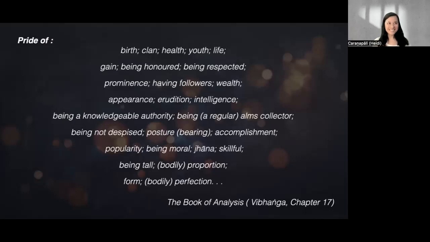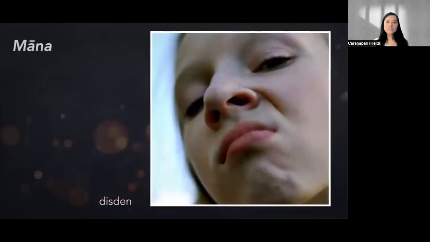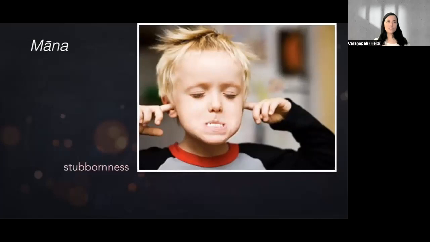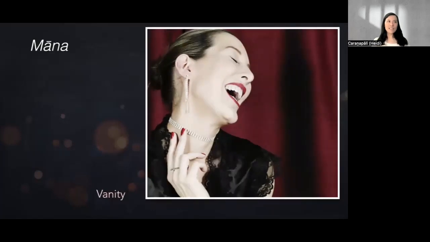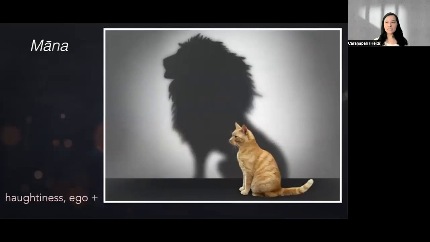But anyway, okay. So that's about Māna. How does it manifest? Sometimes when a person is proud, they can show disdain, or stubbornness, not listening to anyone else, or it can manifest as vanity, haughtiness, or ego.